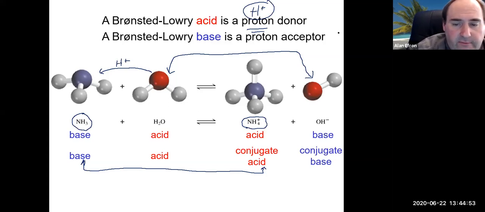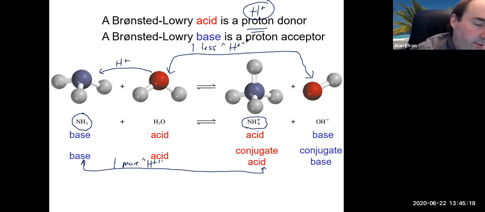And there's an important relationship that we see between these two things, and that is, it is a difference of only one H plus. So as we go from the base to the conjugate acid, it's one more H plus. And as we go from the acid to the base, it is one less H plus.